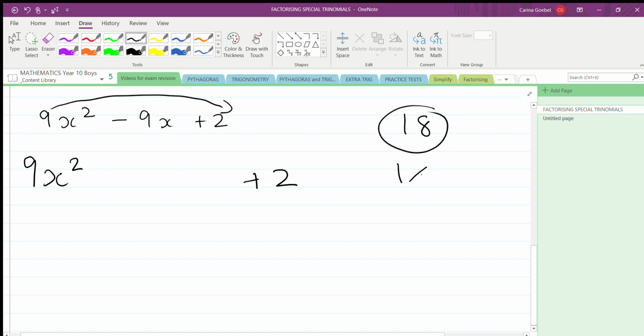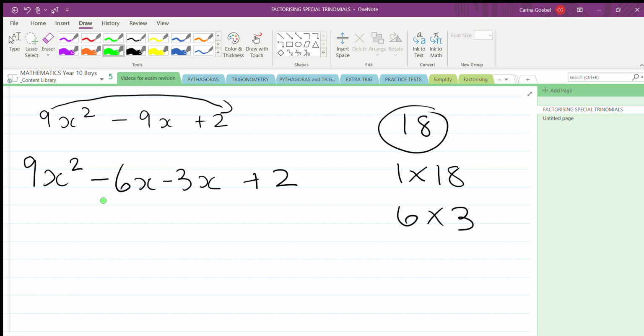Factors of 18 that when we add them give you 9. So 6 times 3 is 18, and 6 plus 3 is 9. So we're going to go 6x and 3x. You need to have a minus 9, so therefore you would need to go minus 6 minus 3.